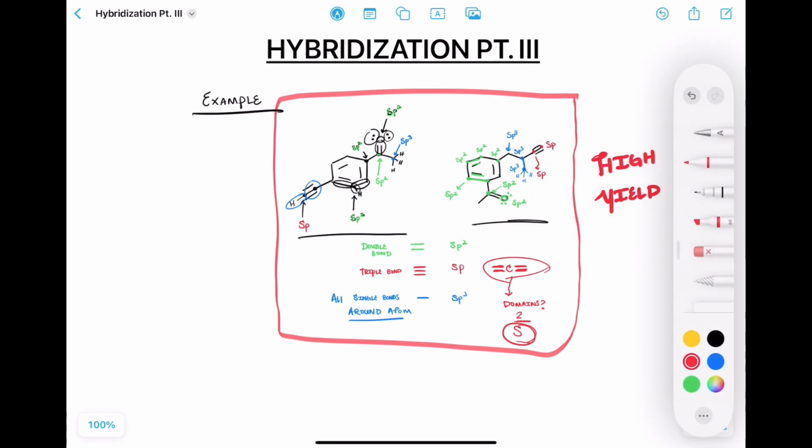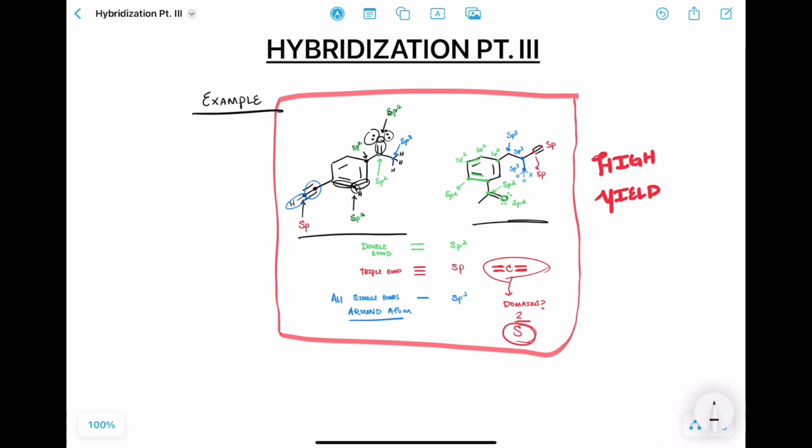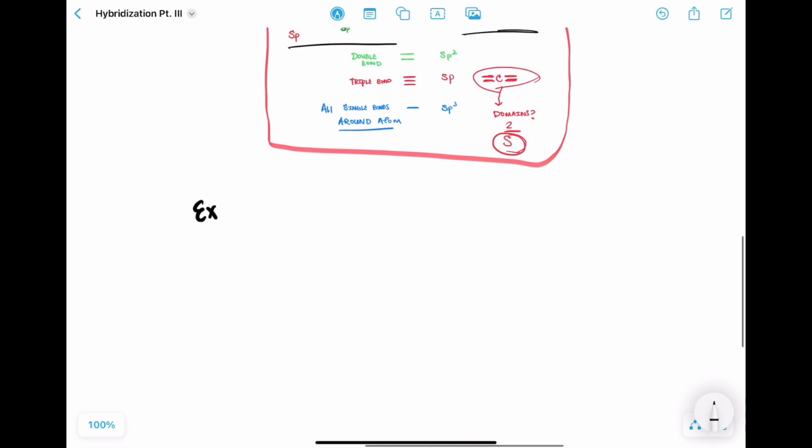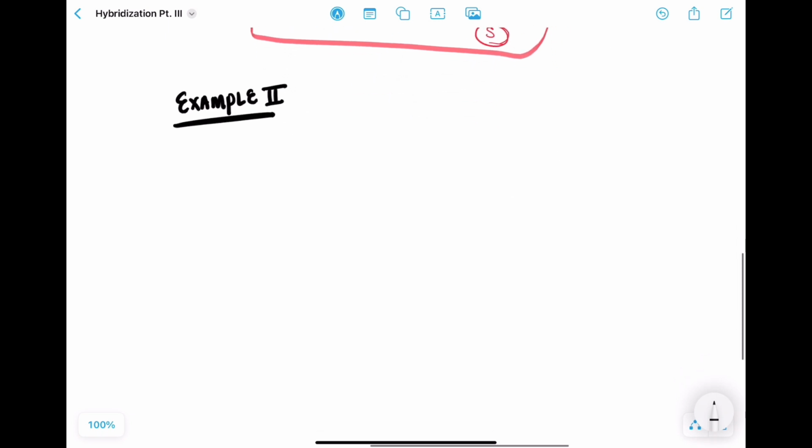We're going to do one more example before we move on to another slightly related concept. And so, example 2, and we'll keep that one as the first one.